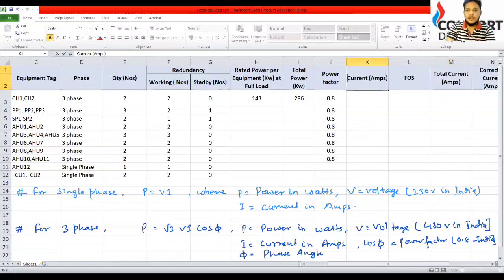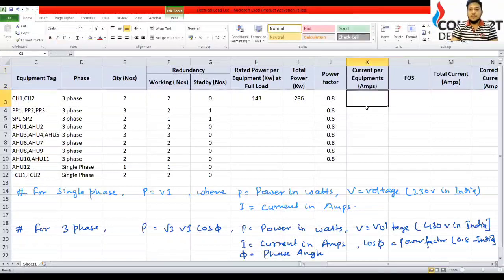This is current per equipment, so per equipment we are determining.